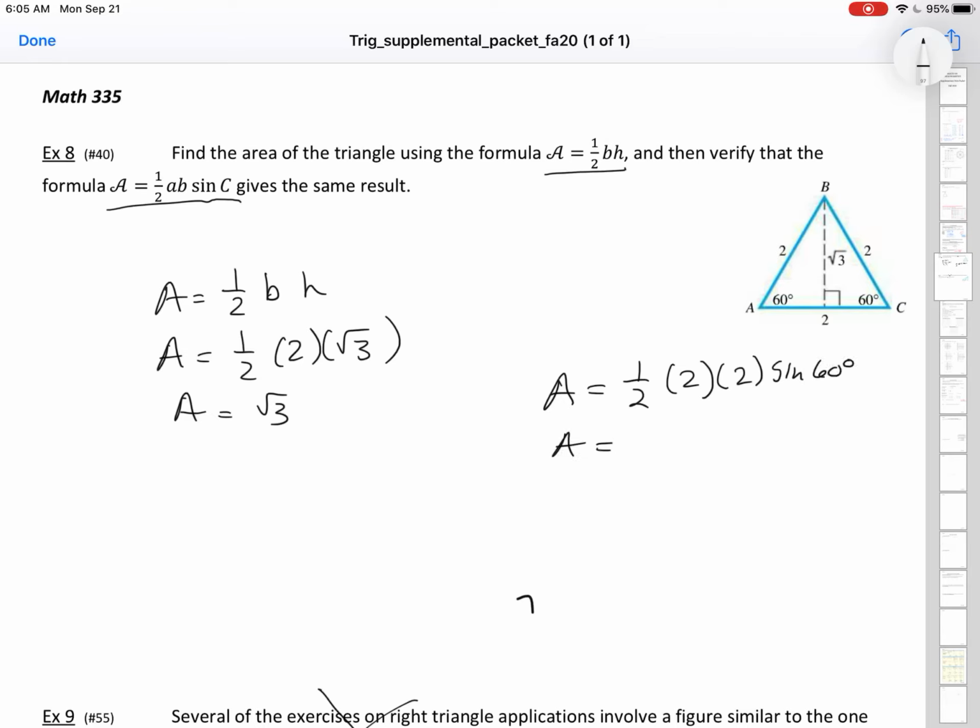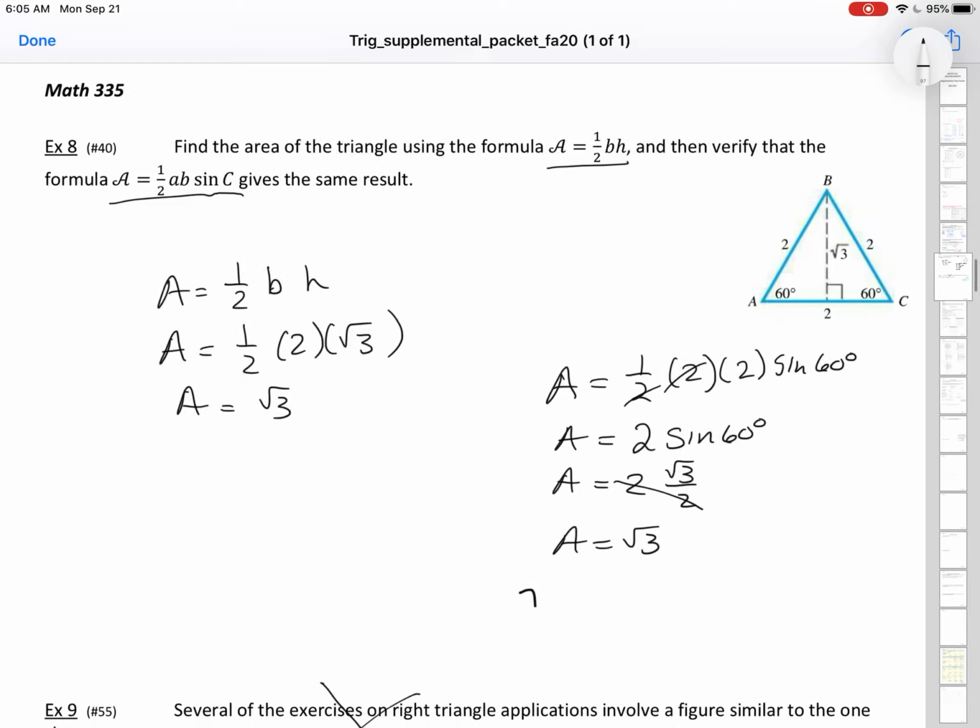The 1/2 and the 2 would cancel to be 1. Sine 60, we know, is root 3 over 2. The 2's cancel, so no matter which way we do it, we get the area being root 3.